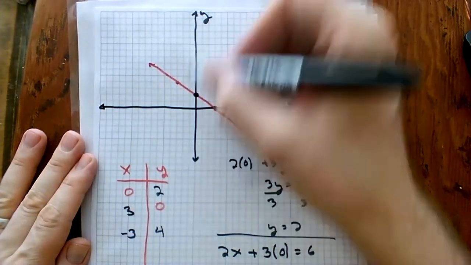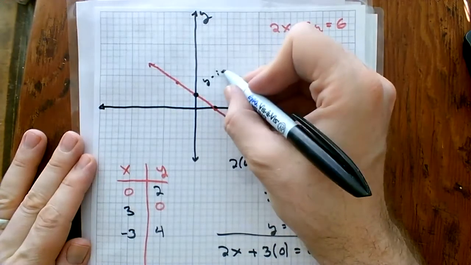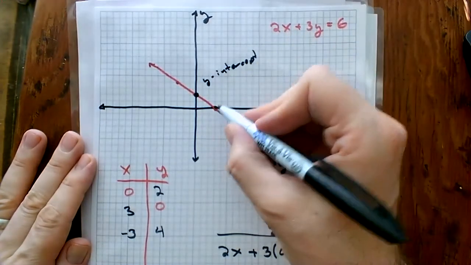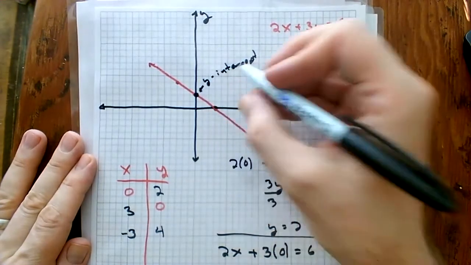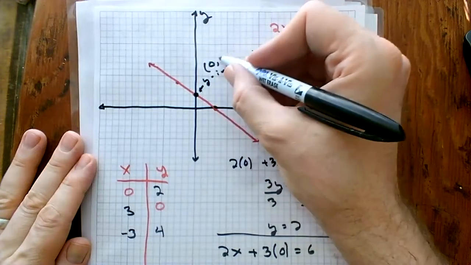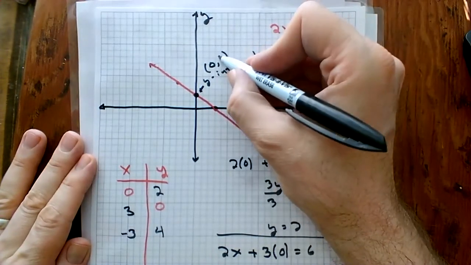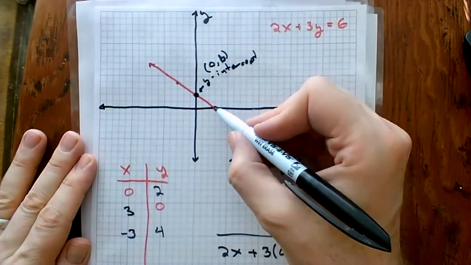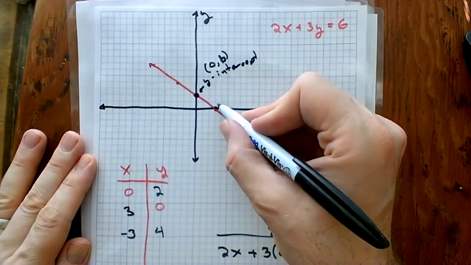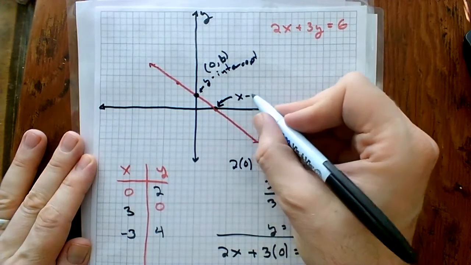wherever x is 0, it's here on the y-axis. This point is called the y-intercept. And this point right here, where it crosses the x-axis, this is called the x-intercept.